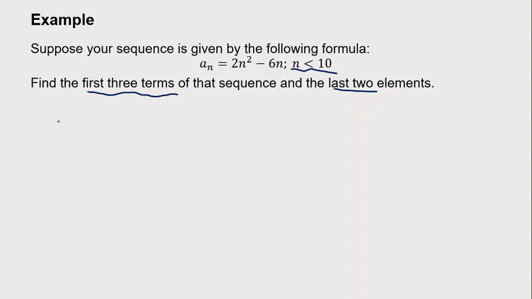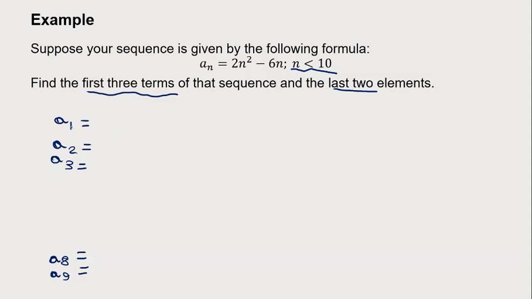So first of all, the first 3 terms are a1, a2, and a3. n iterates up to the value of 10, but it doesn't reach 10. It's not less than or equal to 10, meaning that the very last term will be a9, and the one beforehand must be a8. So these will be the 5 terms I need to find according to the question.